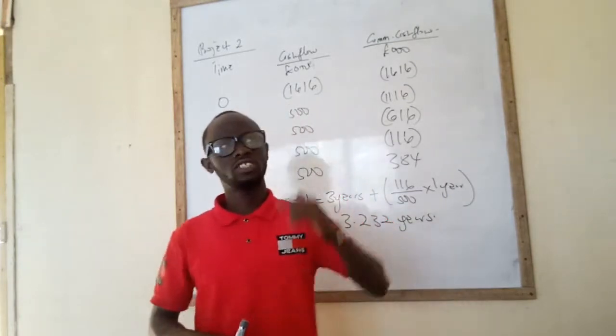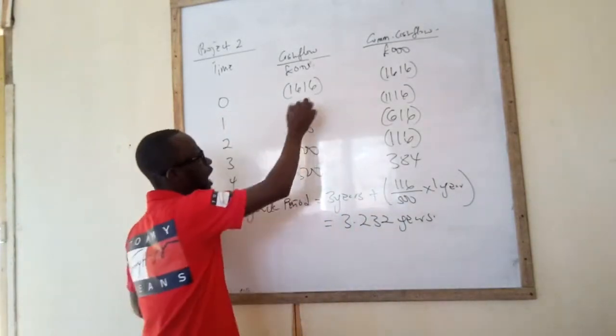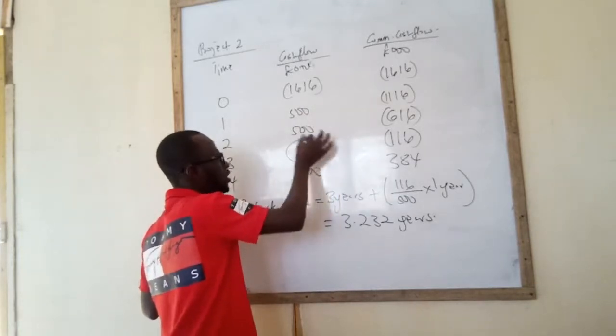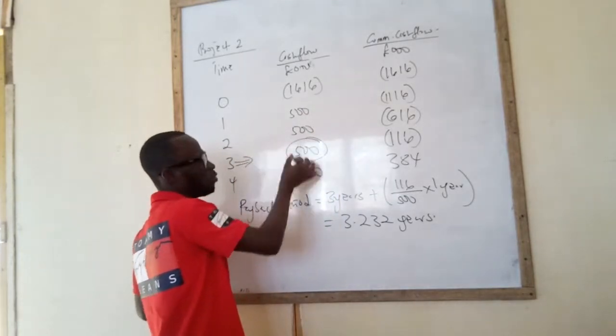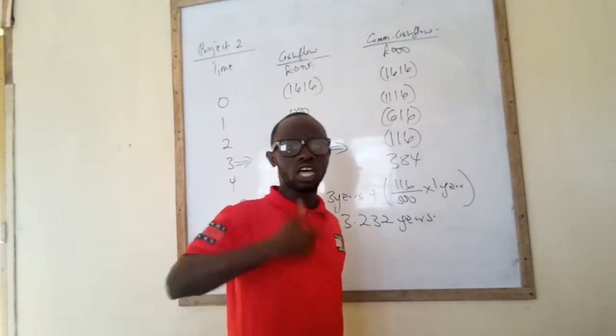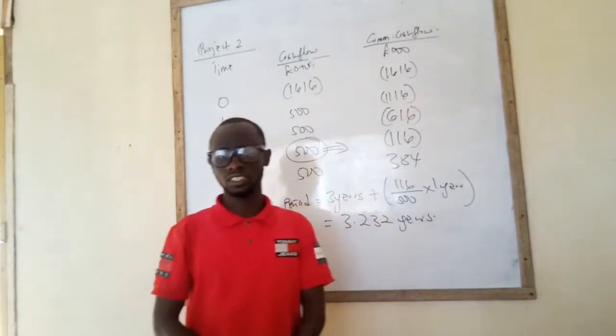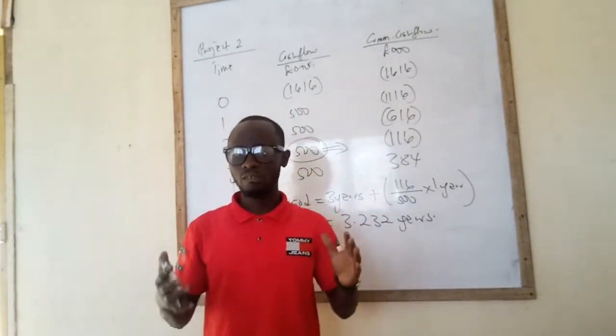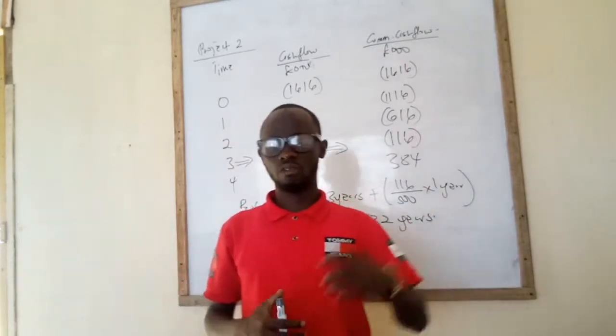But what if the receipts, what happens if, for instance, we expect that we should receive 500,000 in the third year? What is the certainty that this 500,000 will actually be received every year? Maybe we have made a sales budget and we know that every year we're going to make sales of 500,000.